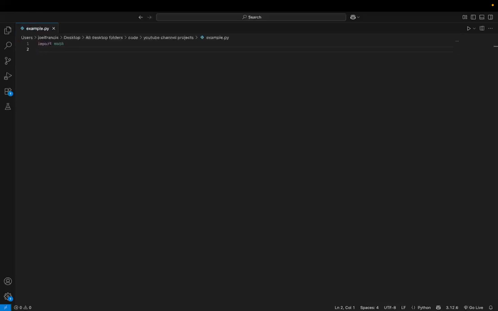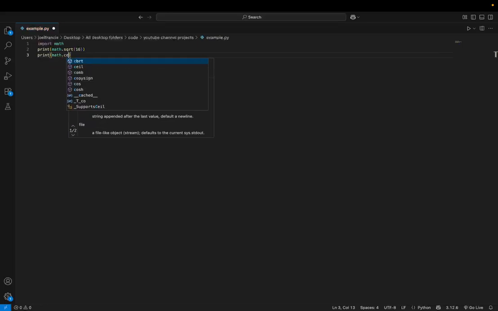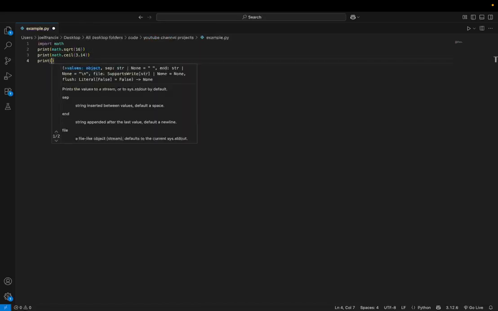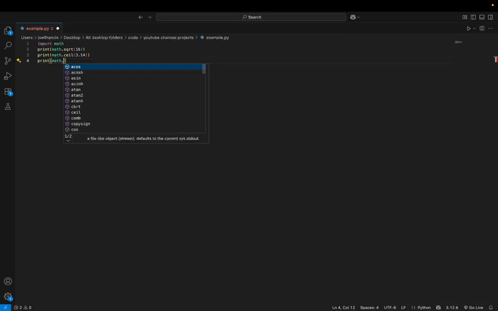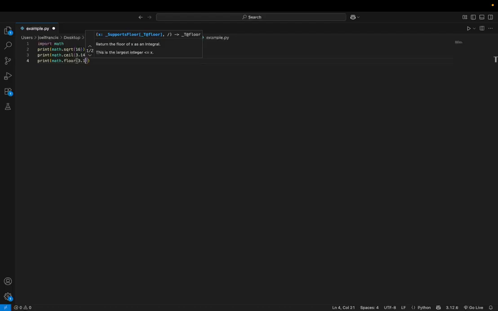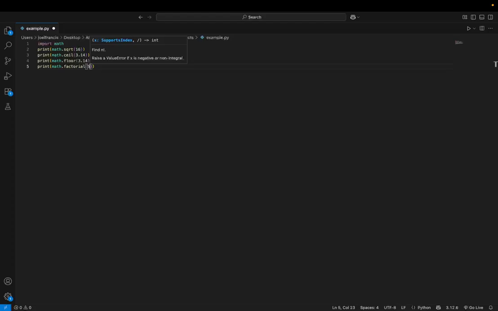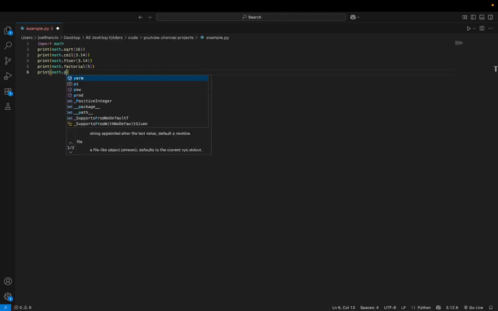Okay, so we did import math, and now we'll do print math dot square root 16, print math dot ceil 3.14, print math dot floor 3.14, print math dot factorial 5, and also print math dot pi.